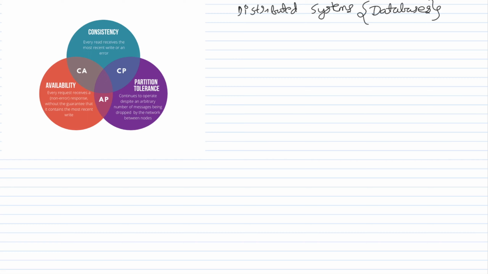Now, in a distributed system, various things can go wrong. For example, your servers can crash. Another thing that can occur is disk failure.